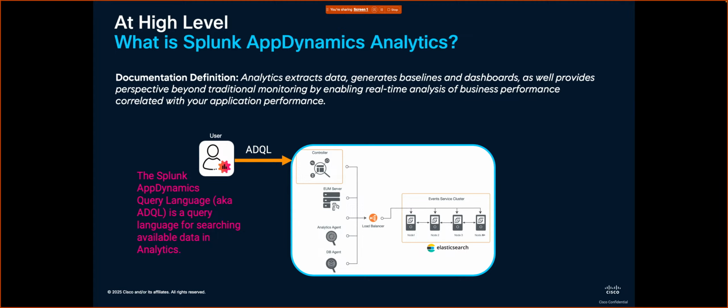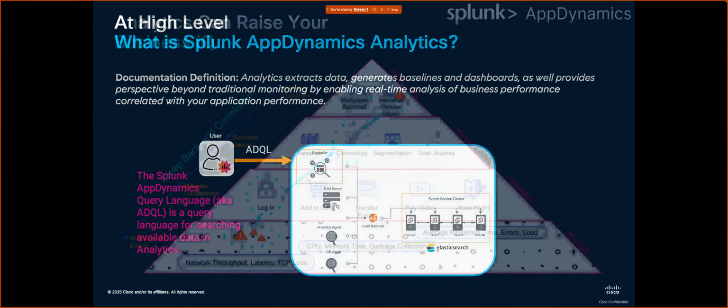It has a lot of similarities, but it is in AppDynamics. It is using AppDynamics data in Elasticsearch, which is the event service cluster. And then when they put their query in the controller, it goes against that, pulls out the information they want, and gives you a bunch of cool ways to represent the data. So let's keep going.